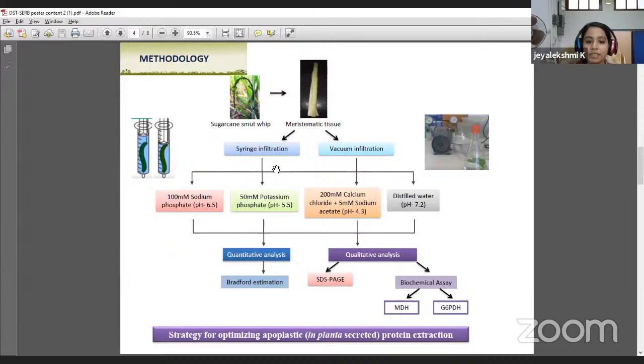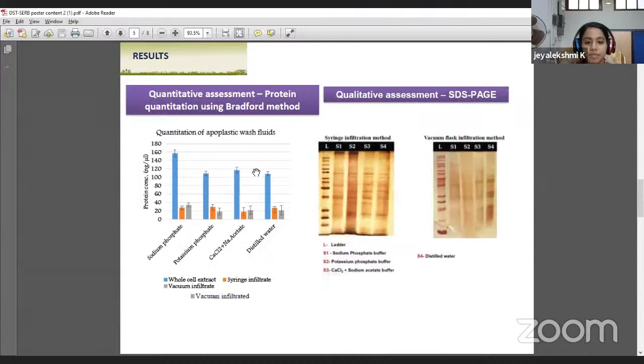After the syringe infiltration and vacuum infiltration, we collected the wash fluid and subjected it to quantitative as well as qualitative analysis. In the quantitative analysis by the Bradford method, we can see that below 30% of the apoplastic wash fluid was collected.